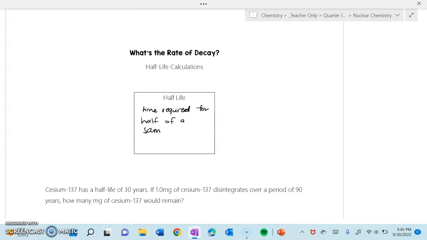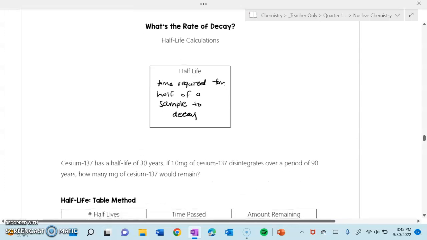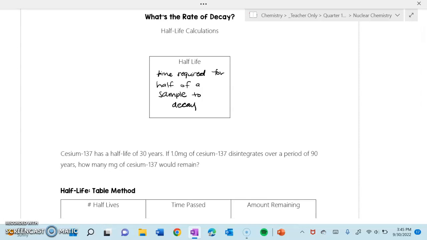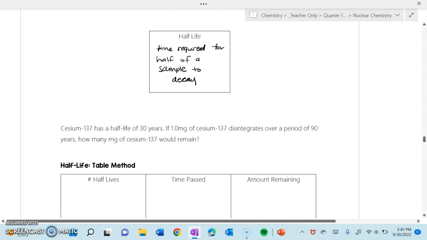So if I have a sample that is 100 grams, then once it reaches 50 grams, however much time has passed, that would be my half-life. That's the way that science has decided to quantify the rate of decay, the half-life. Every particular isotope has its own half-life.